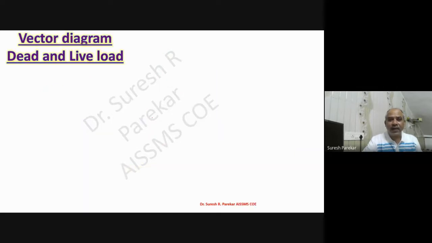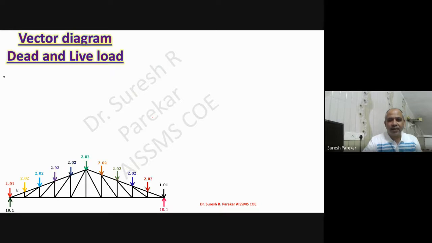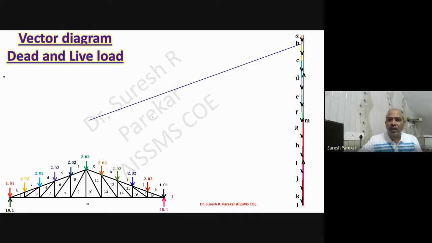Now we already have this diagram, so I will not go and explain this again. We have explained this one already. So this is our closed polygon, and that shows your structure is in equilibrium. Then we have drawn this line.